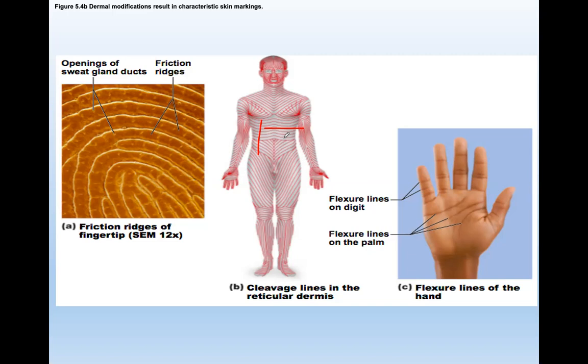But if the physician has the option to cut along or parallel to those lines, they will choose that because it makes recovery a lot easier for the patient. In many cases, the type of surgery doesn't allow those types of incisions. But if they do have the option, they always try to go with the cleavage lines versus perpendicular to the cleavage lines. Hopefully that makes sense.